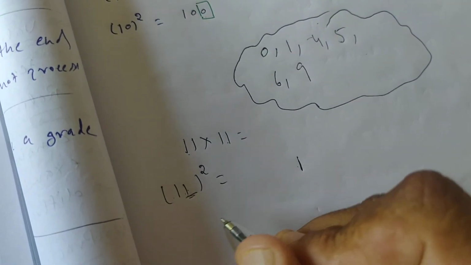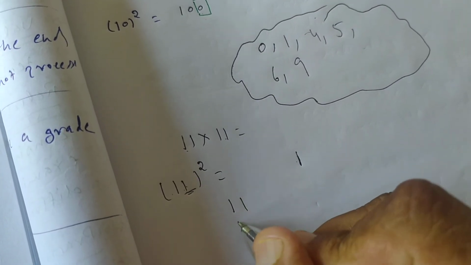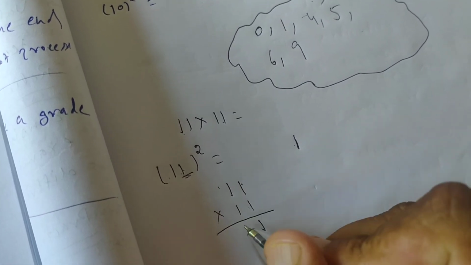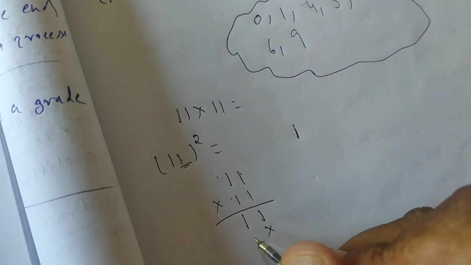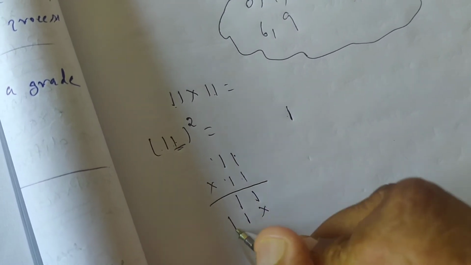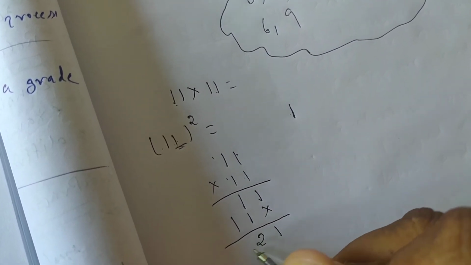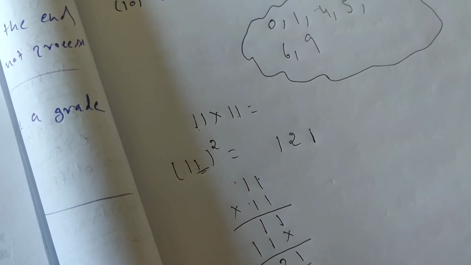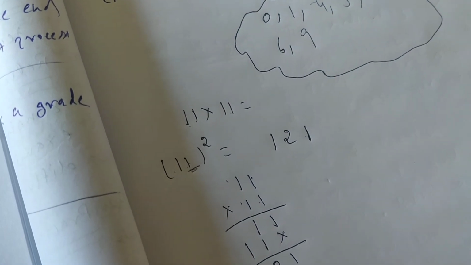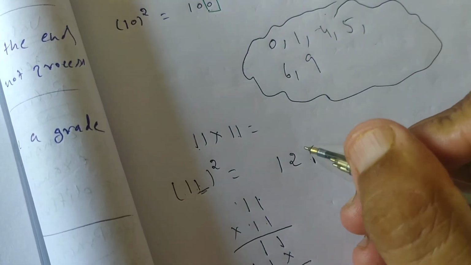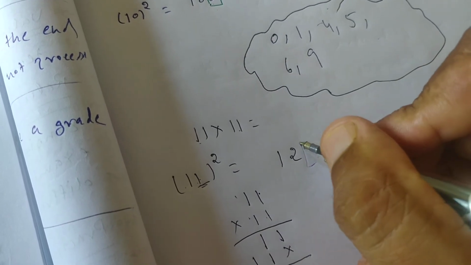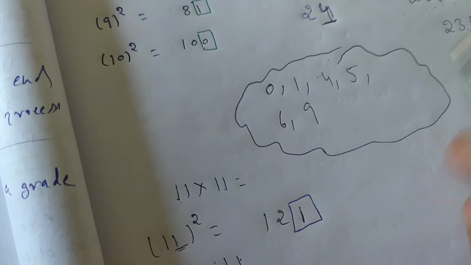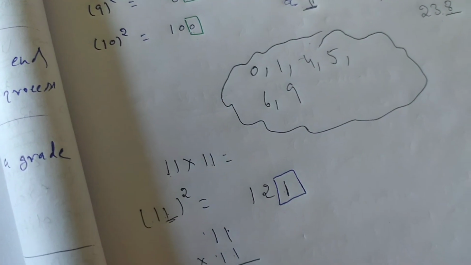How? Just multiply 11 multiply 11. 1 1s are 1, 1 1s are 1, 1 1s are 1, 1 1s are 1. That is 121. So the number is 121, and the unit place number is 1. Just look at the number and we can say this.